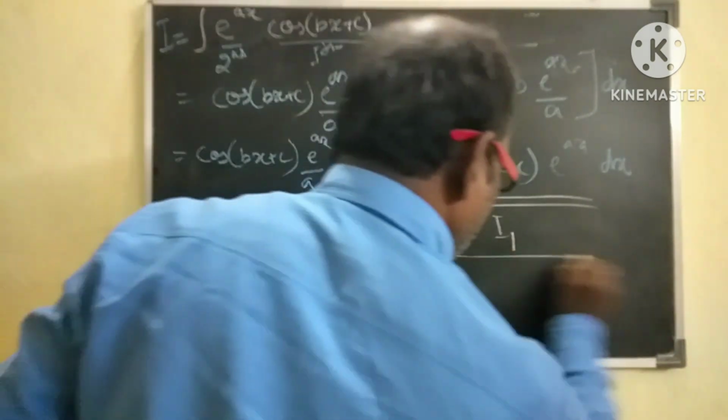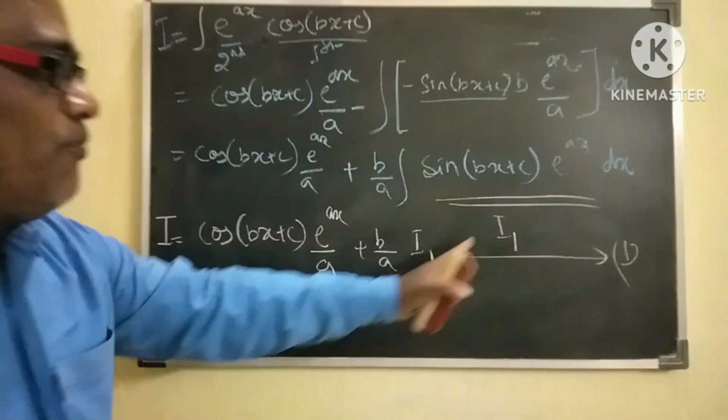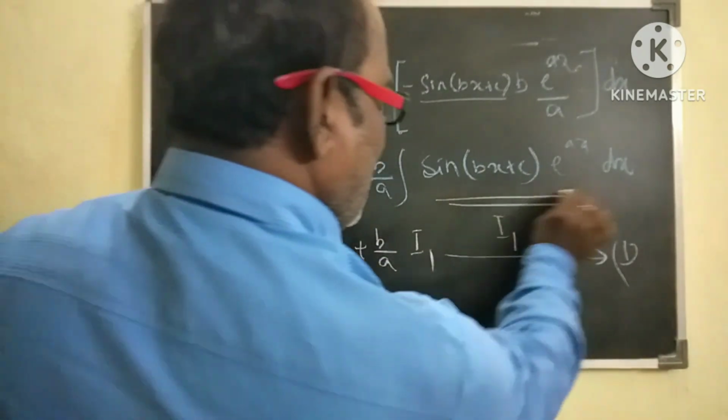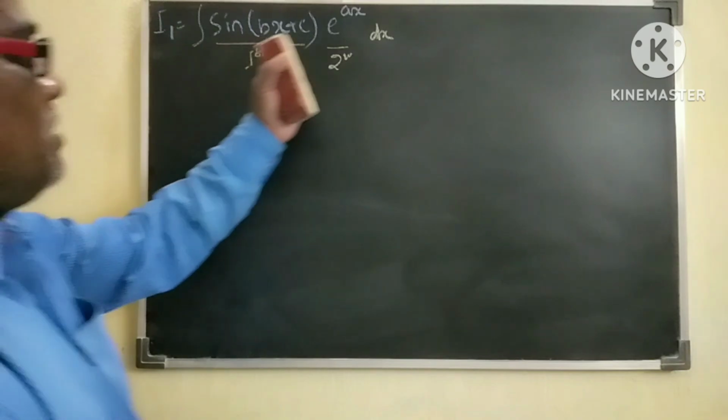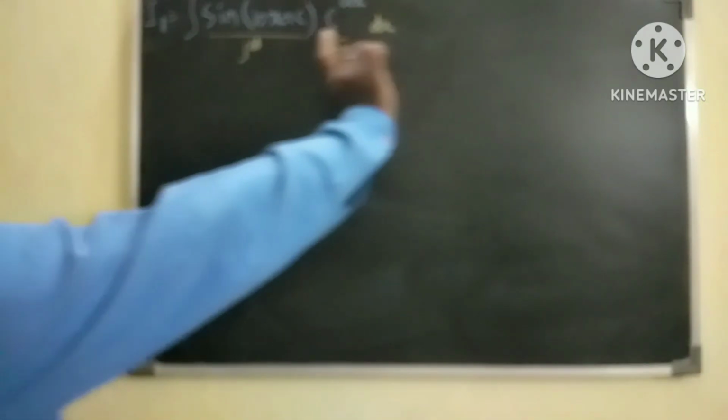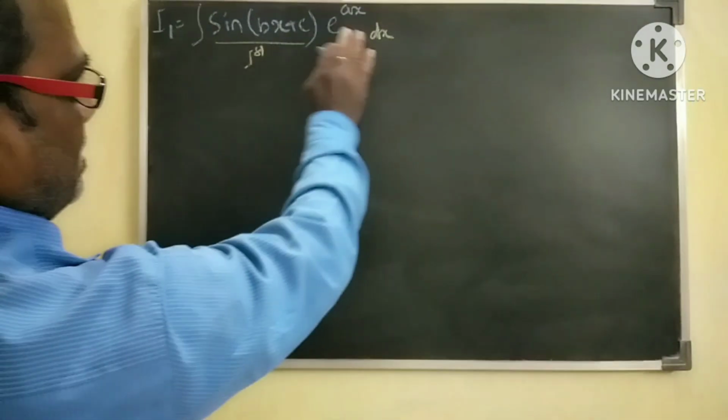This is equation 1. Now we have to solve this I1. We know I1 equals this, so again we integrate by parts. This is the first function and this is the second function.